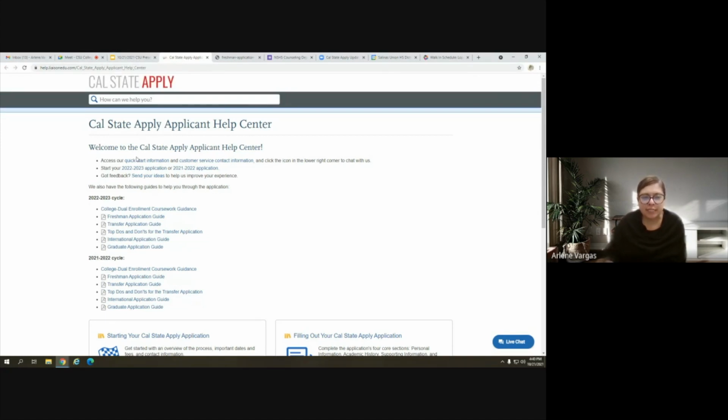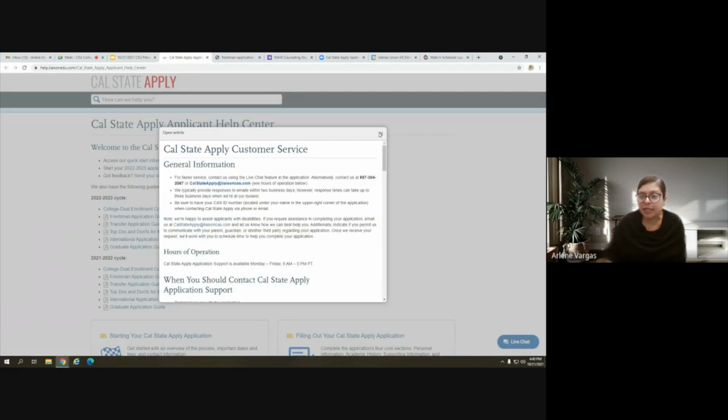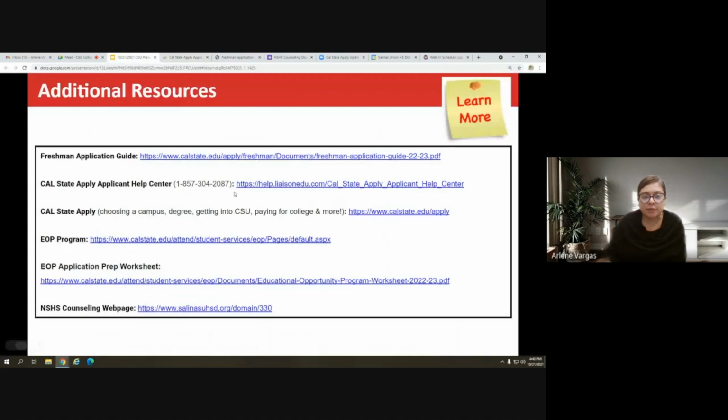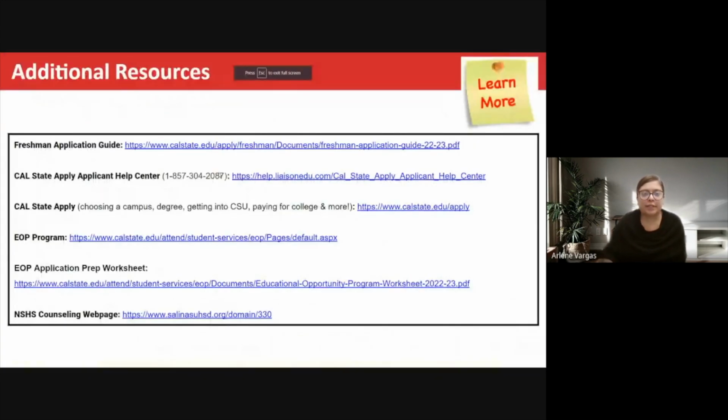It's sort of hidden because you have to click on several links to access it, right? So it's right here, but just to make it easier on you, I put that number here. Oops, I went too fast, sorry. Okay, so that's this number here, and we actually call it all the time, and they're super helpful. If you get stuck on any part of your application or have a question, they answer pretty quickly, and I believe they're open on Saturdays as well. So this is a really helpful resource, okay, when you're completing that application.